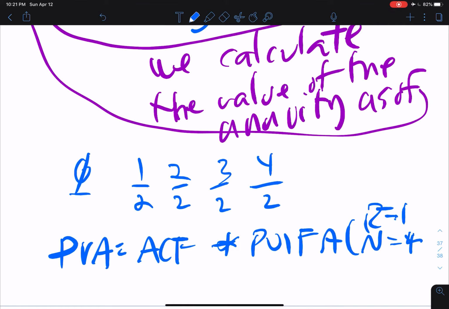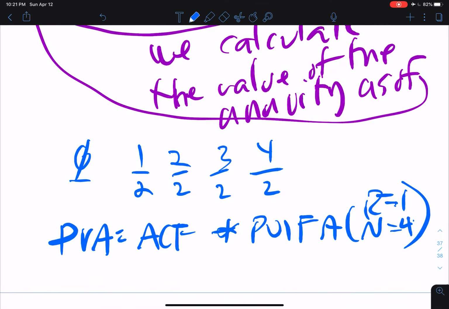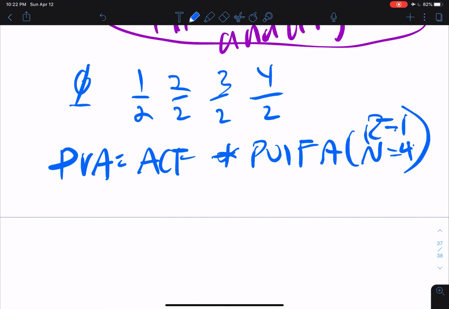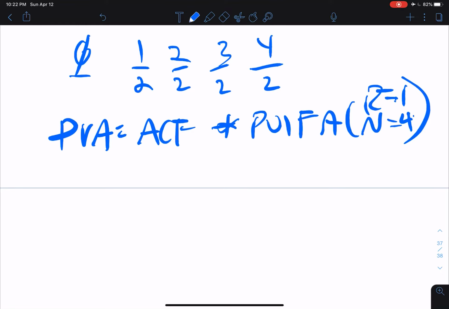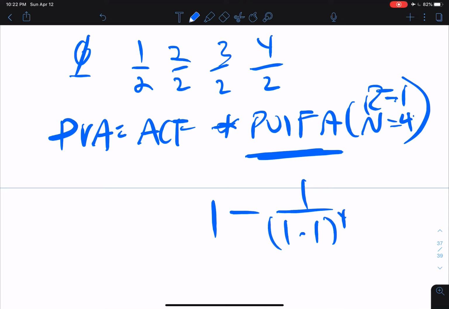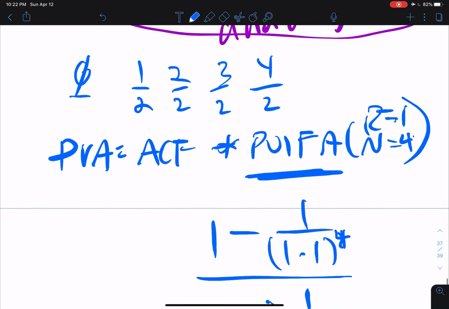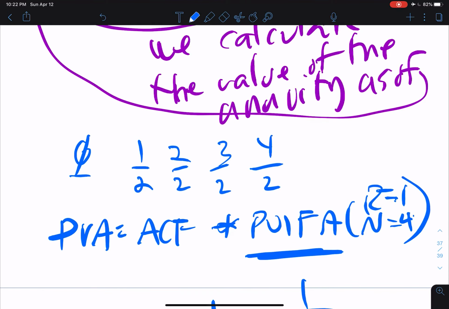It's 4 because this is just a different example, right? So, all right, that's what we have. And it's going to give us the value when we use this PVIFA, which of course will be 1 minus 1 over 1.1 to the 4th power over 0.1. And it's going to give us the value 1 period prior to the first cash flow, which is right there.